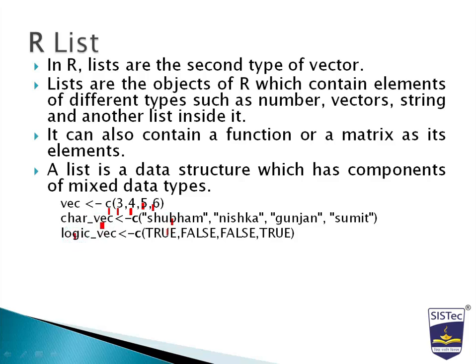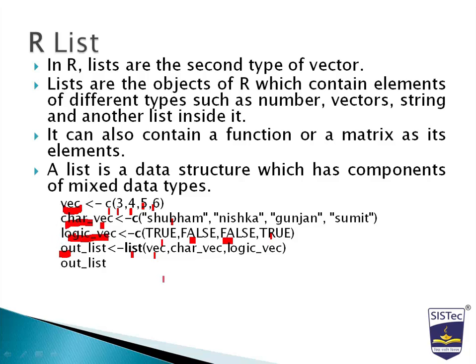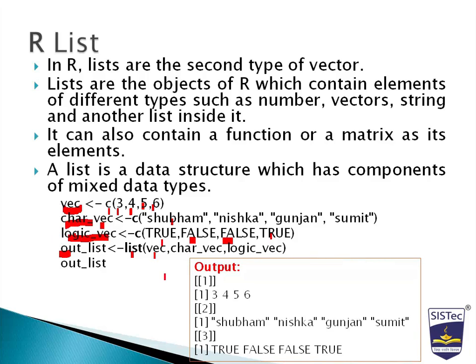Then we create a logical value vector, and then we combine them into a list. We create a list with the list function, where the vector is included, the character vector is included, and the logical vector is also included, and this is the result of our list.